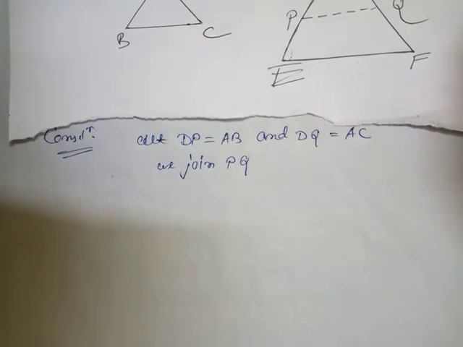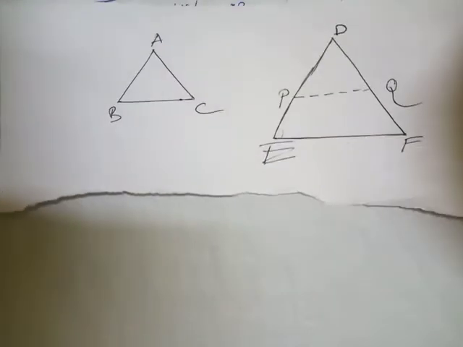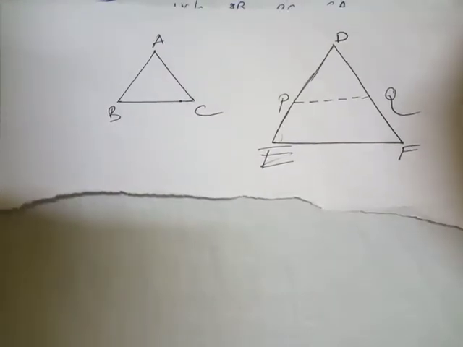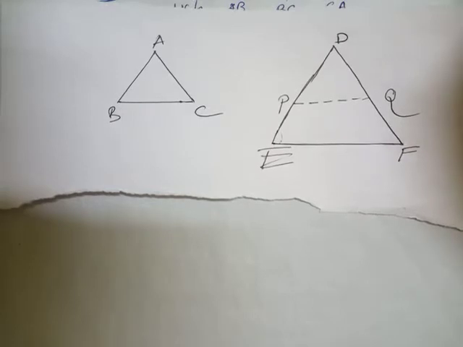Now look, after that student, one thing is that we have to prove that triangle ABC is similar to triangle DEF.